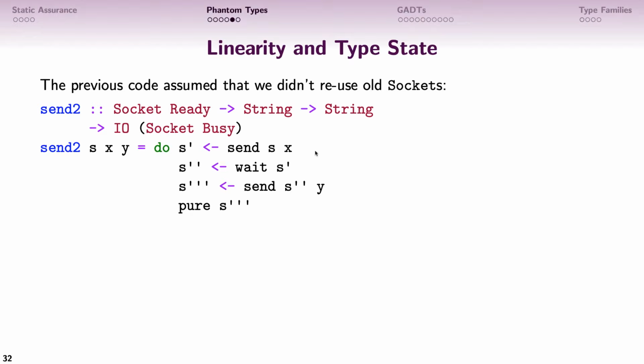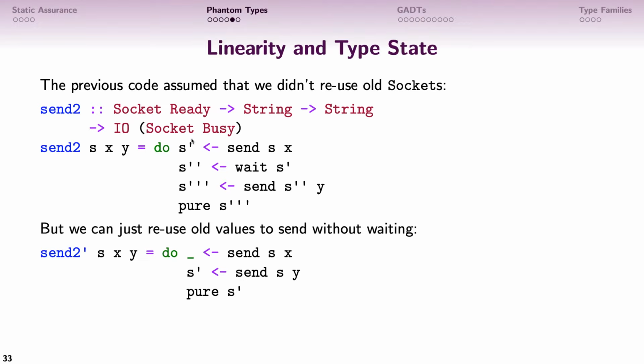So here's a good example where I have sent on the socket with the value x, and then waited on the new socket, and then sent on the new socket with the value y, and gotten back the final socket, which is busy, and I return that one. This is sending 2 bits of data.